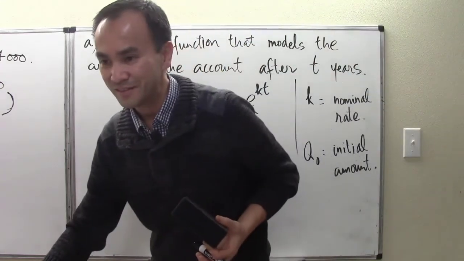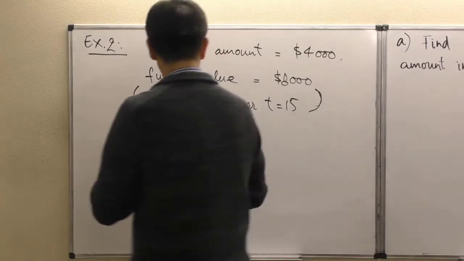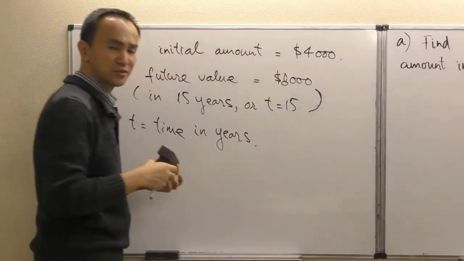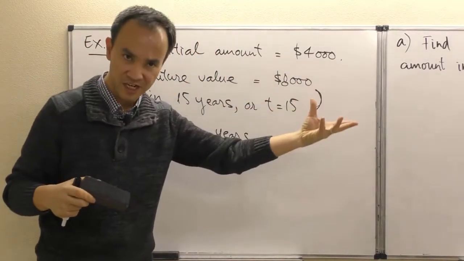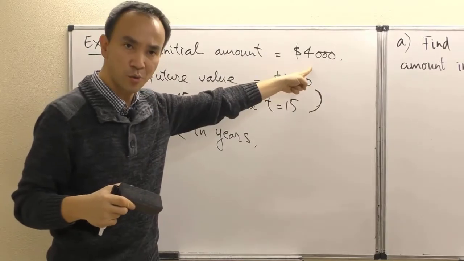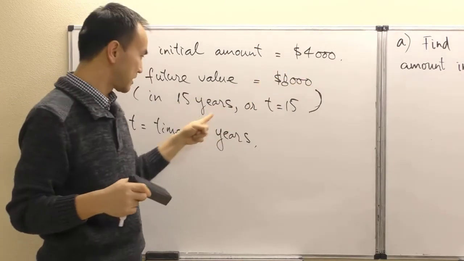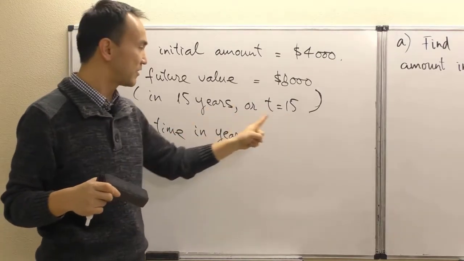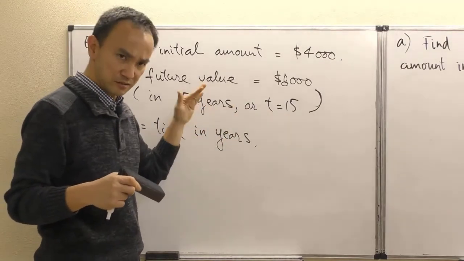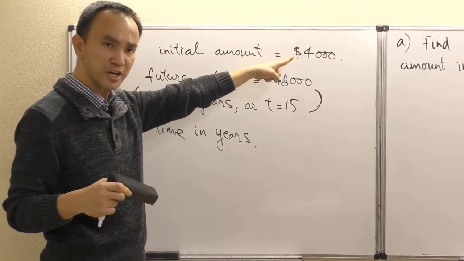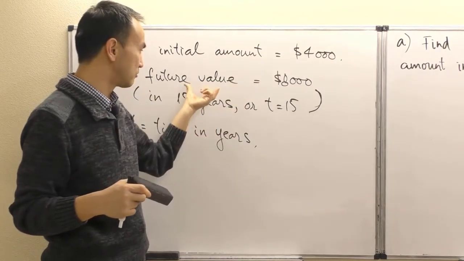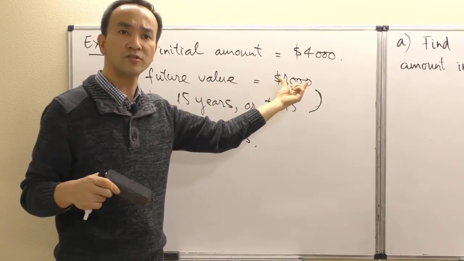So on this board, the initial amount is 4,000. If I call my function q of t, then q sub 0 will be this quantity right here. And now some 15 years later, this is another important piece of information: after the initial amount, the amount grows to 8,000.